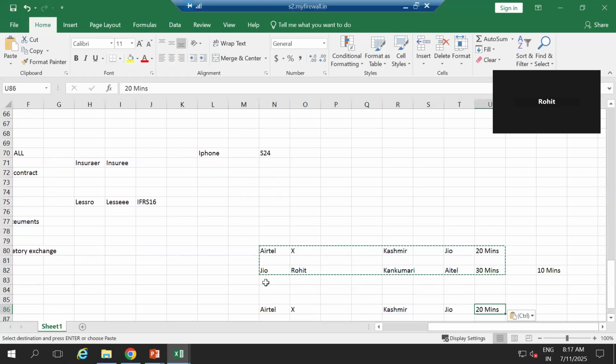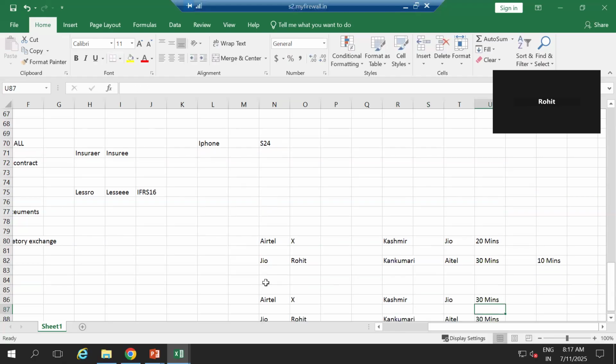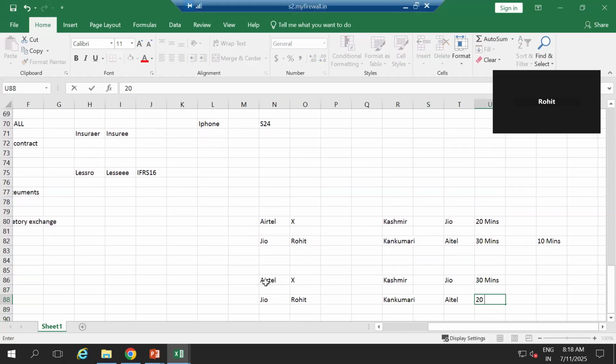Here 30 minutes, here 20 minutes. Now tell me, who is the customer and supplier? Airtel is a customer to Jio, correct? For 10 minutes. Now, do you really think a customer and a supplier status can be changed frequently, month by month? Can you take any calculations based on that changing?